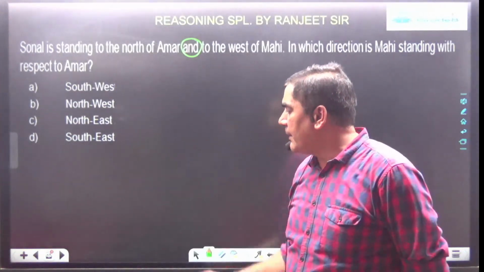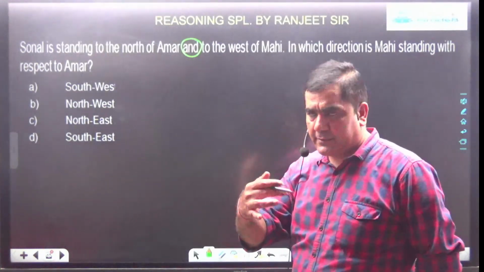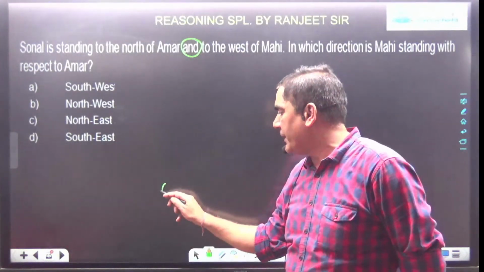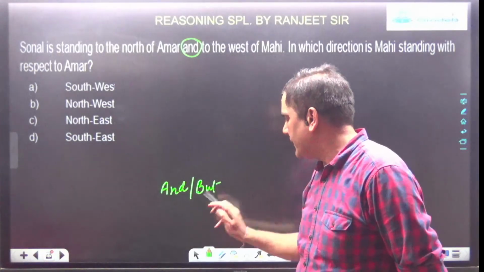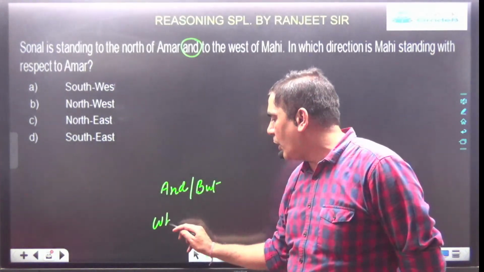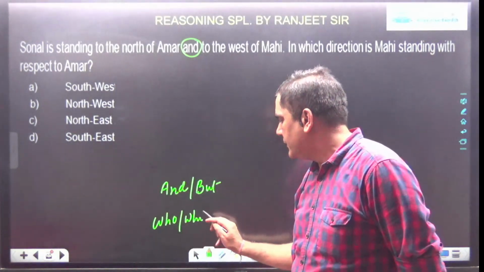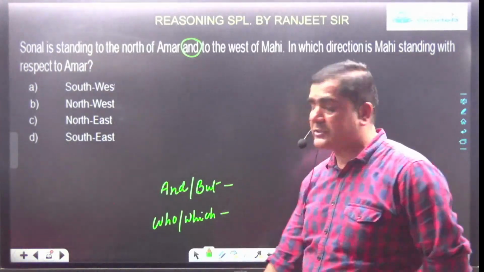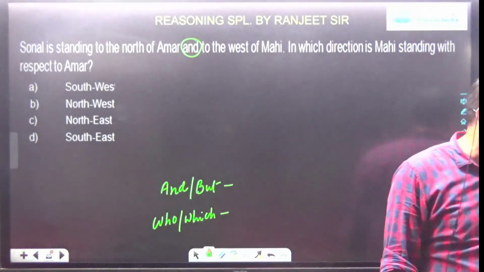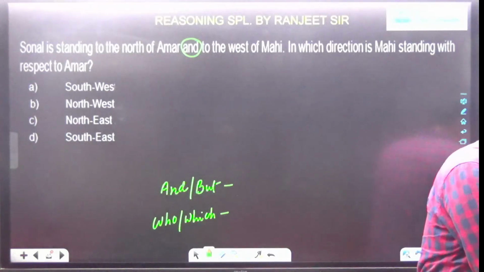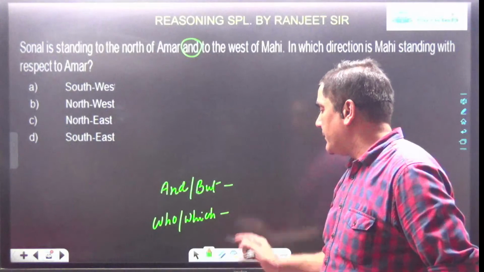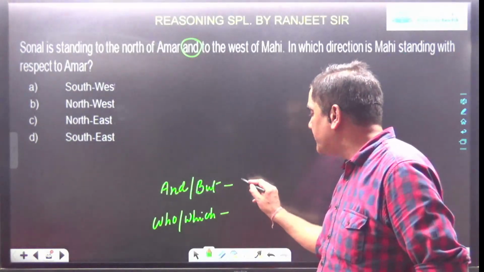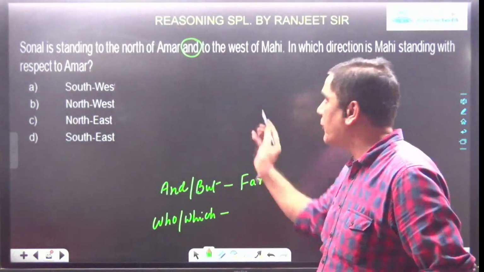So always remember, my dear, 2 types of words are going to come in the examination. First will be "and" or "but". Second will be "who" or "which". These are the most common words in the examination. Whenever the words "and" and "but" come, they are always for the person far from the "and".